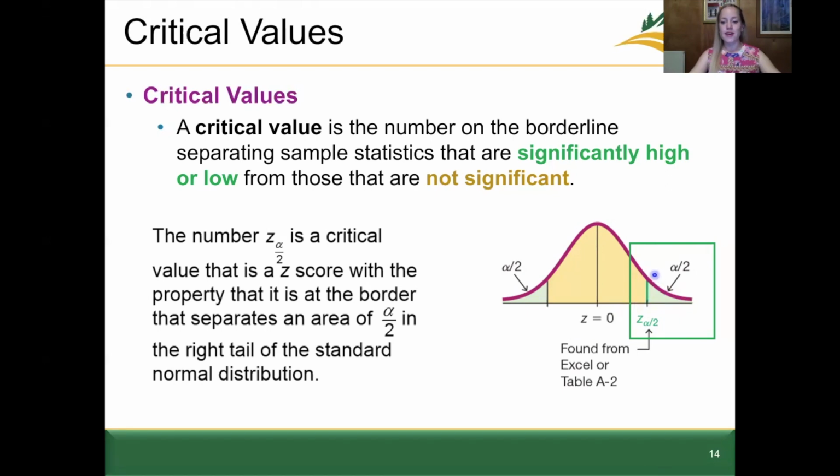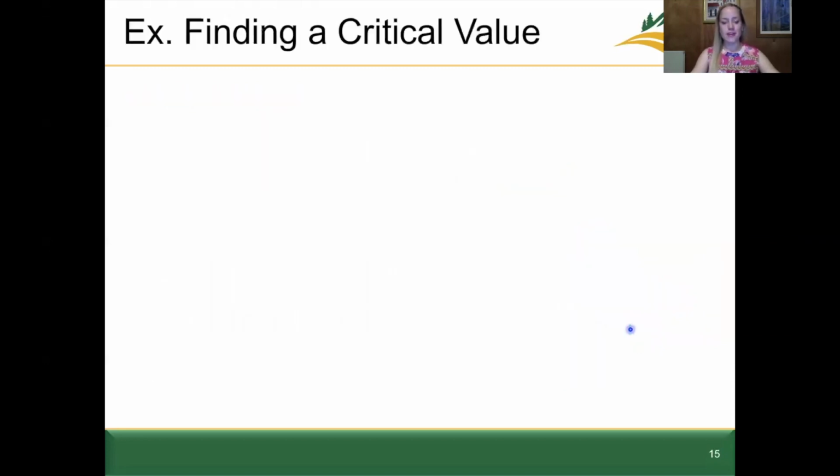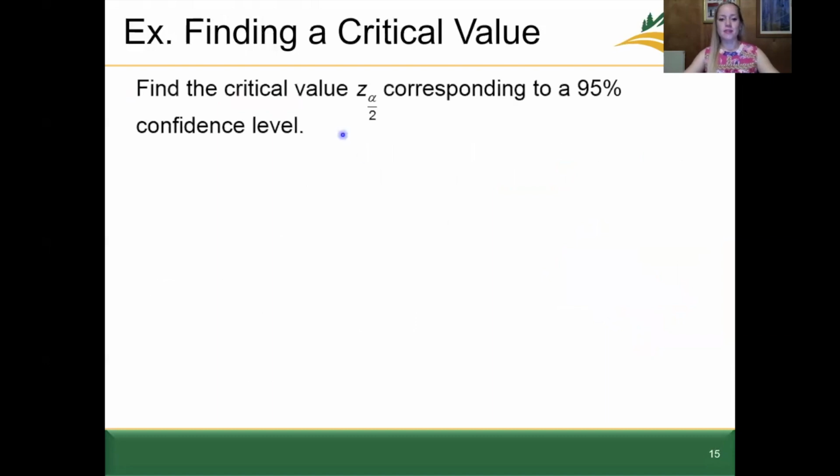We will practice calculating these. It's similar to what we've seen before using our idea of how to calculate z-score, but now we're introducing also this terminology of alpha and alpha over 2. And we will talk more about this. We'll do an example. So in finding a critical value, we can say that the critical value z subscript alpha over 2 is what we want to find. It has to correspond to a 95% confidence level.